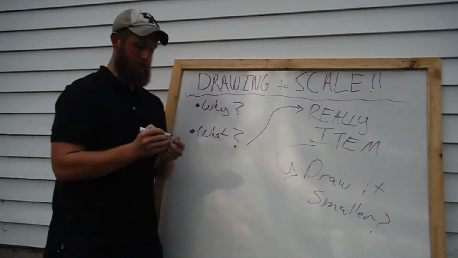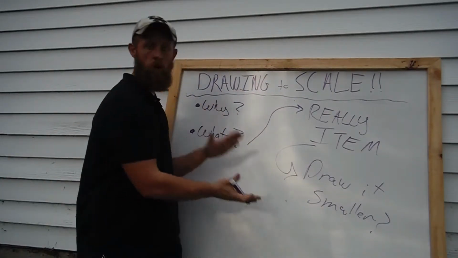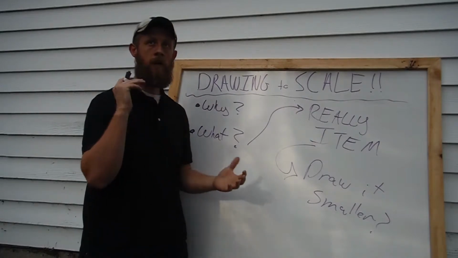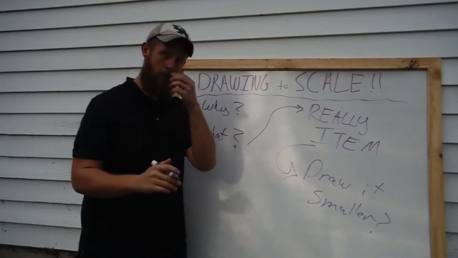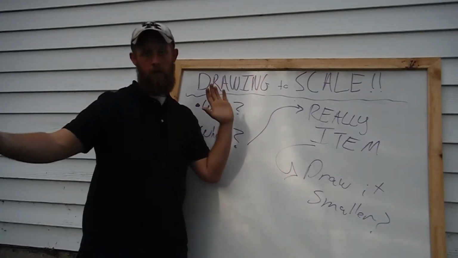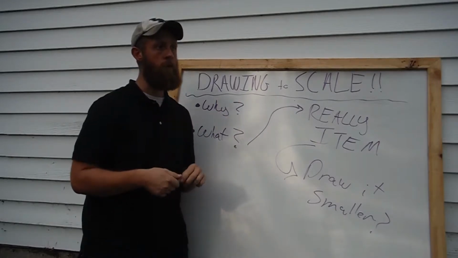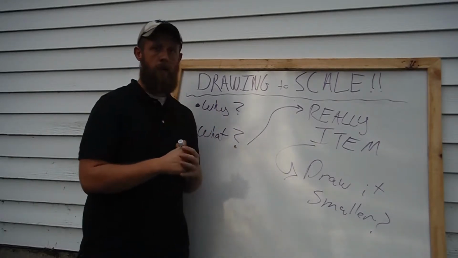That's all it is. So something drawn to scale just means that you take a really big item and you draw it smaller. A big common example of this would be a house. An architect will draw up a house on normal or larger than normal sheets of paper and hand it over to builders and go from there. But it's drawn to scale because a house is huge.